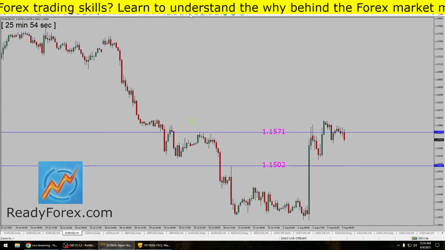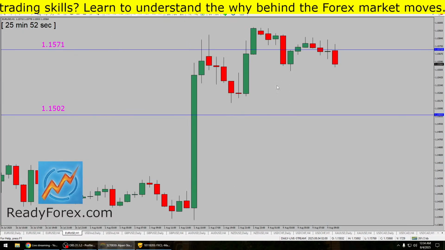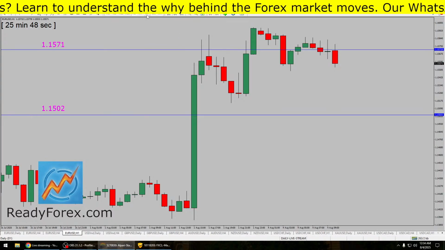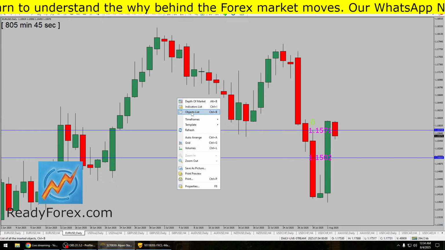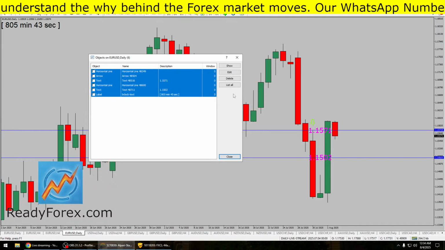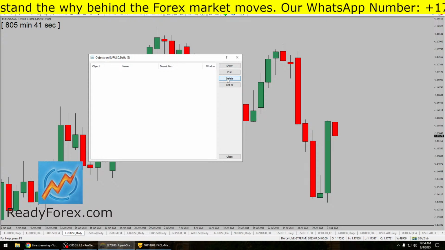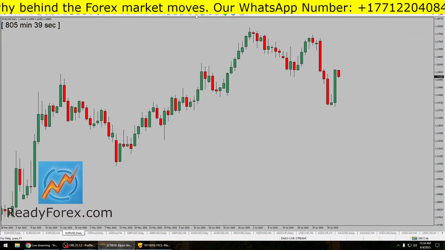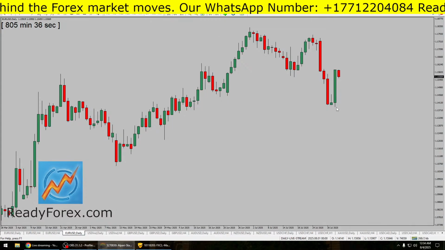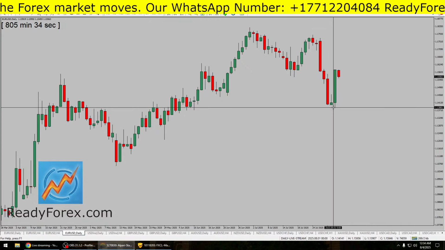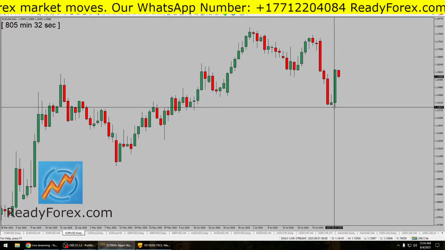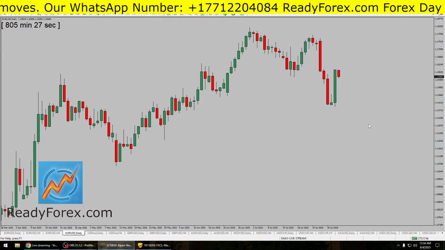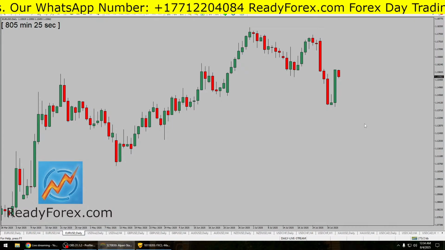So if we try to measure the distance that market has traveled so far, let's go over to the daily chart, and I'm going to remove everything. This looks to me like a simple candlestick pattern. It's a very famous pattern as well. This is called morning star candlestick pattern in daily time frame of euro dollar currency pair.